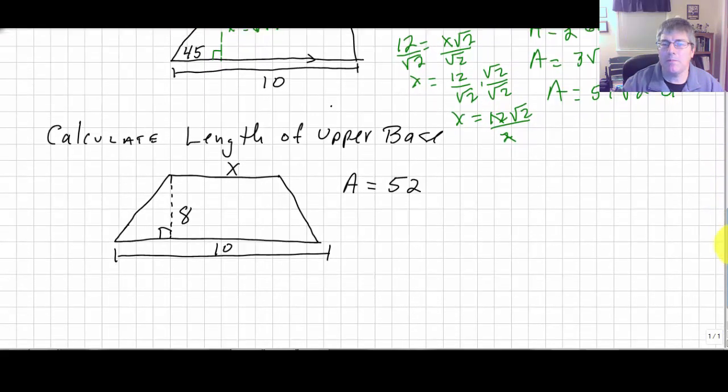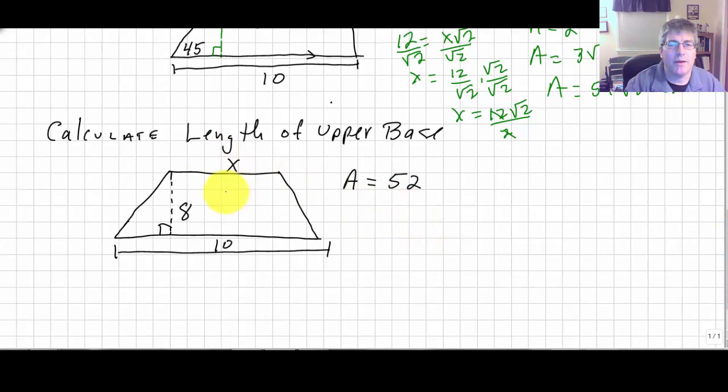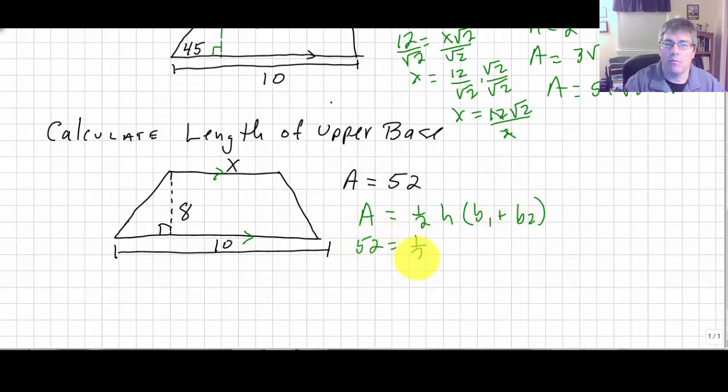Here's a different kind of problem. We've got a trapezoid. The sides are parallel, and we want to calculate the length of the upper base. We have the area is 52. Our bases are 10 and x, and our height is 8. Substituting into our formula, area equals 1/2 height times (base 1 plus base 2), we get 52 equals 1/2 times 8 times (10 plus x).